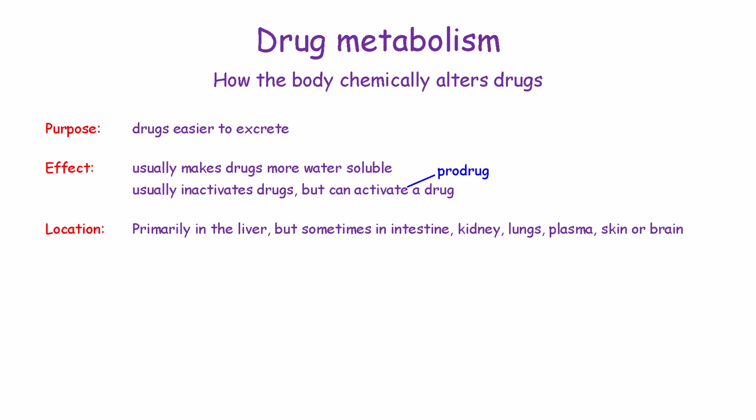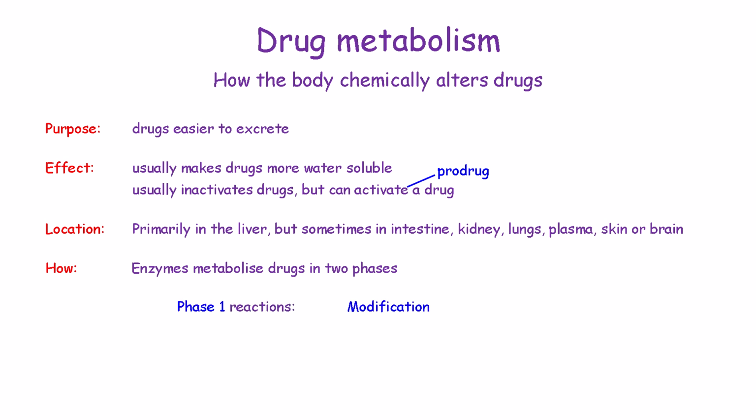Drug metabolism employs enzymes that are located mainly in the liver. They metabolize drugs in two phases, each of which serves a particular purpose. Phase 1 reactions modify the drug to introduce or uncover a functional group. That prepares it for phase 2 reactions, which conjugate the drug by attaching a large polar water-soluble group.